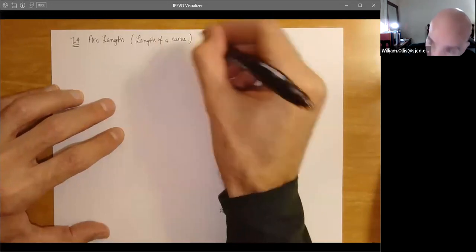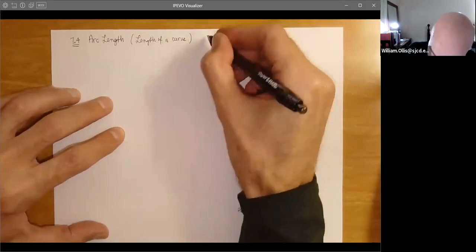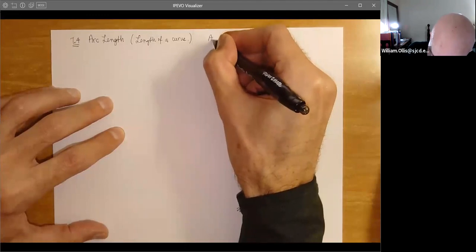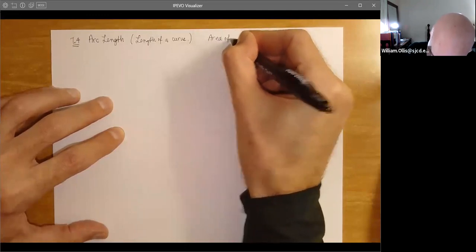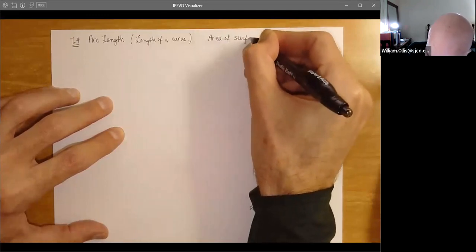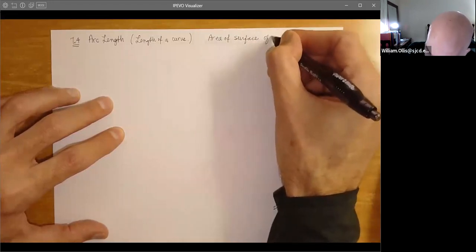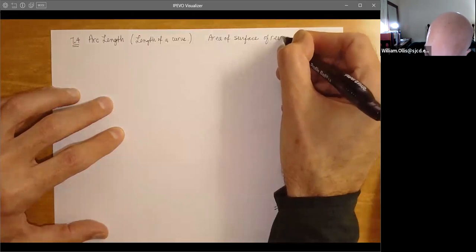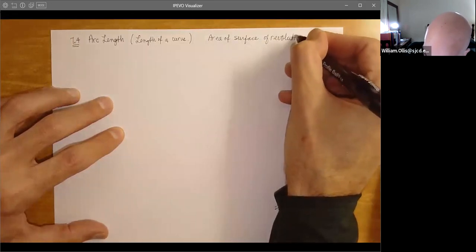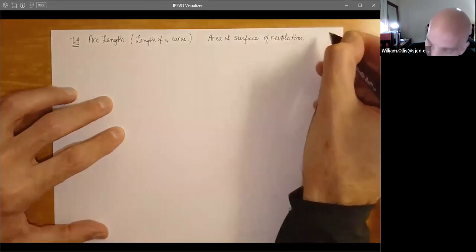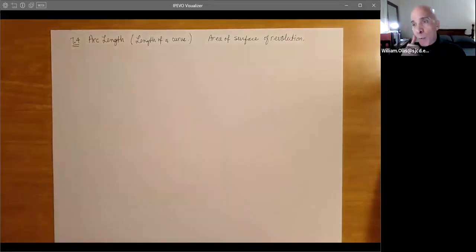And then we're going to do a surface area. So we'll say area of surface of revolution. That's a little bit easier, and that deals with the frustum. And that's something you've probably seen before. It's like the waste paper basket.